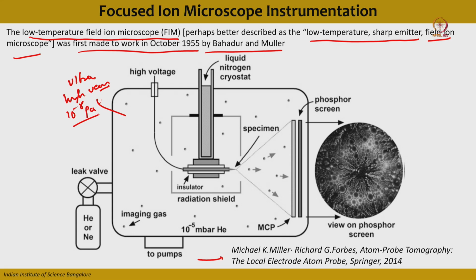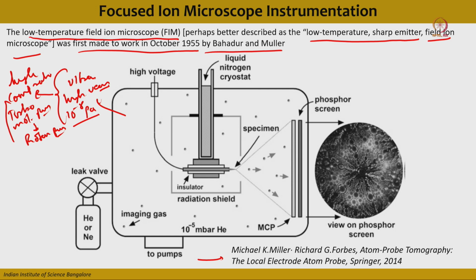This ultra high vacuum is achieved by a series of high compression ratio turbomolecular pumps, which are backed up by several rotary pumps. The rotary pumps give an initial vacuum of 10 raised to power minus 3 to minus 4, then the turbomolecular pumps take it up to 10 to the power minus 8.